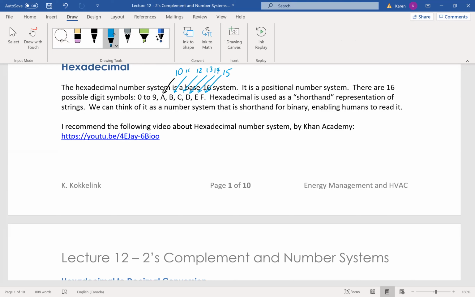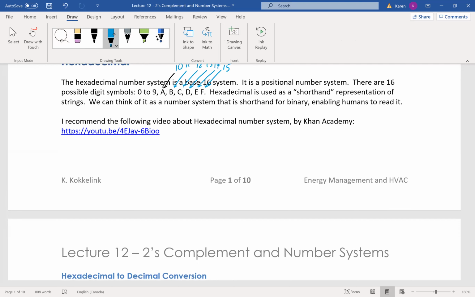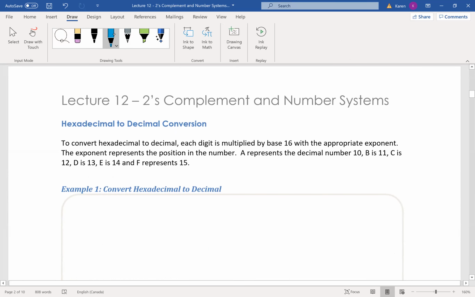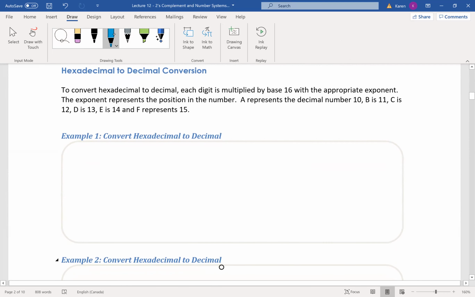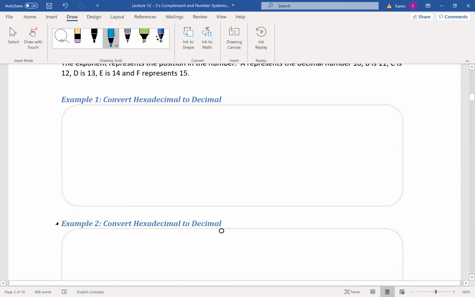And so with these 16 digits, 0 to 9 and A to F, we can represent any quantity. It's useful because it is a shorthand for binary that humans understand a bit more.